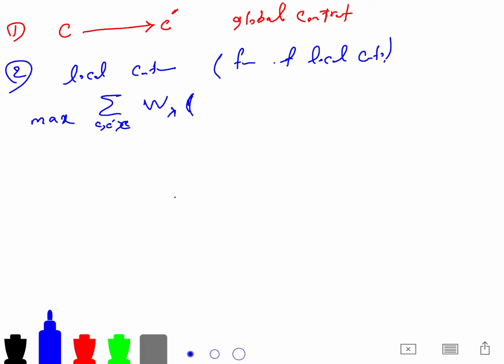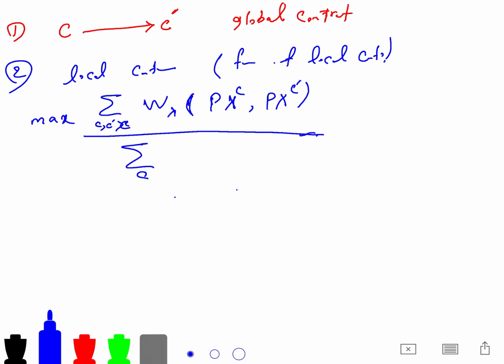For all of the combinations of these classes, you need the Wasserstein distance. That's why you are summing over all of these combinations: the Wasserstein distance between PXC and PXC prime, divided by the within-class term, which is again the Wasserstein distance between PXC and PXC. So this is within class.